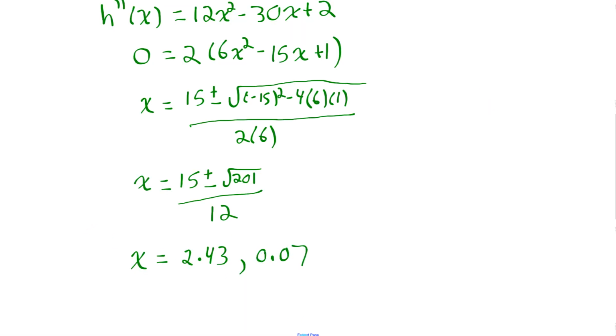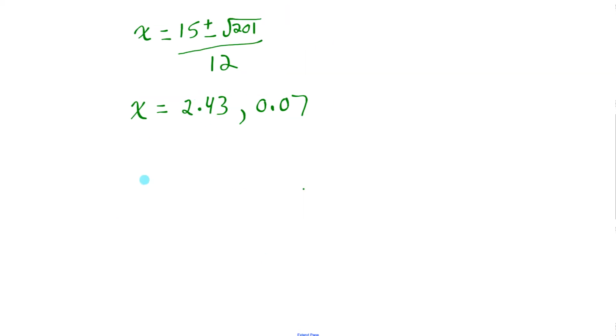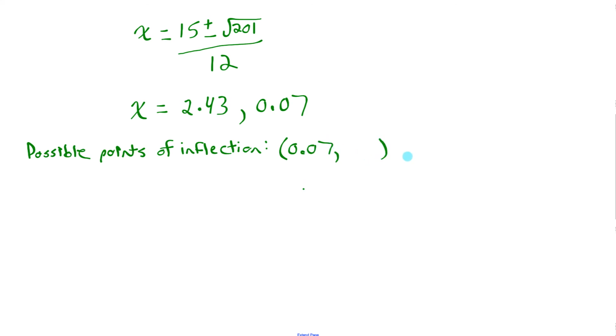Now I'm going to have to find the y value of the function at each of those x values to figure out where the possible points of inflection could be. So I'll title this possible points of inflection. It'll be at, and I'll put these in ascending order, 0.07, and I'll have to get the y value. And 2.43, and I'll need to get the y value that goes with that. Now I'll actually use the exact x values when I calculate the y values, just so I can be as accurate as possible.